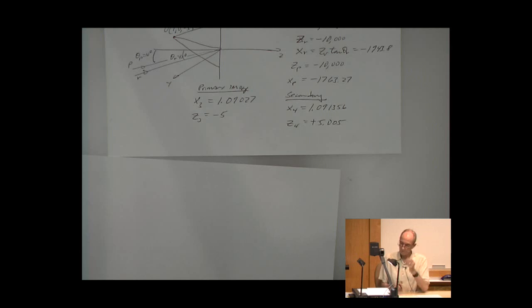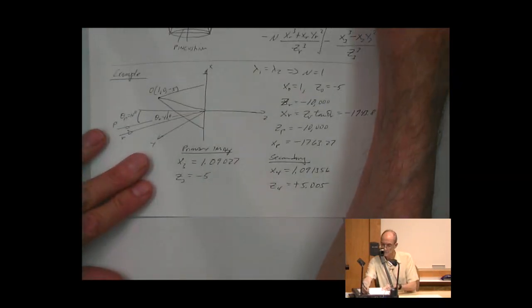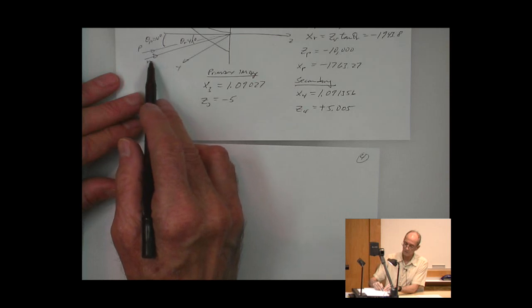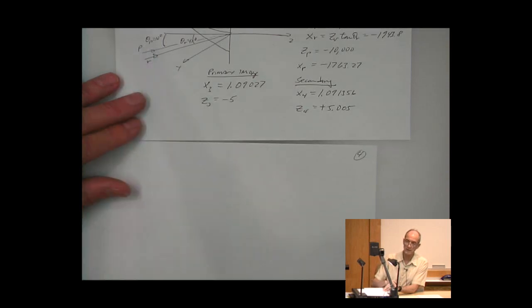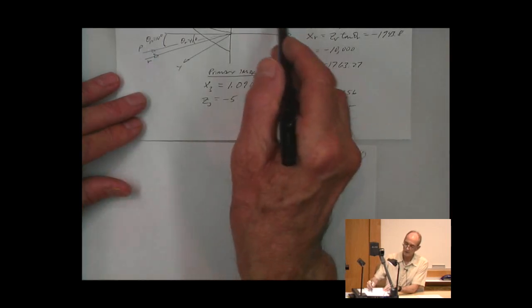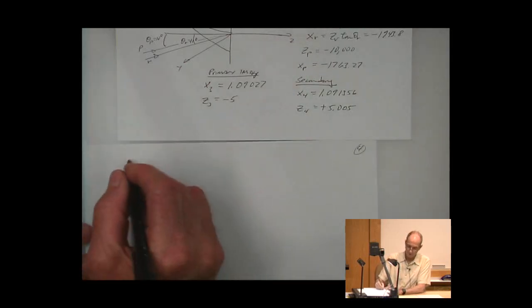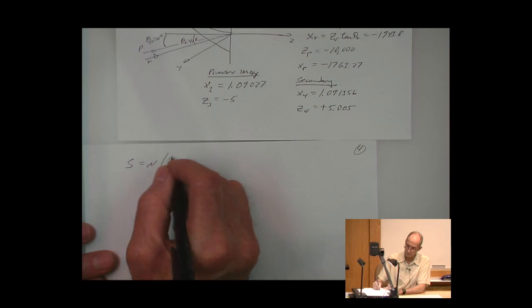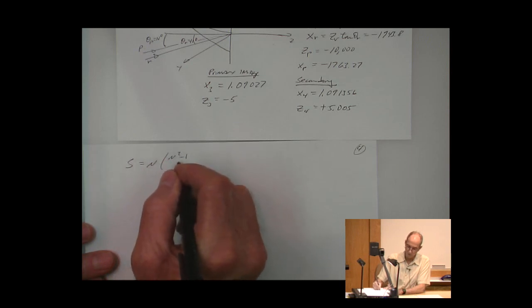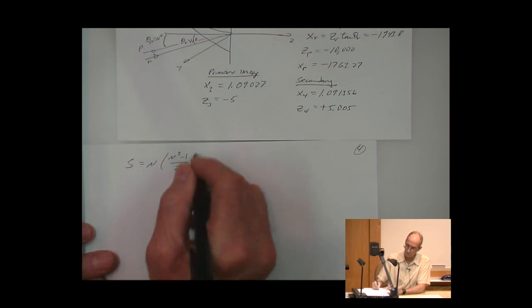One thing to note here is that since we have two plane waves, the reference and reconstruction point at infinity, and we have the same wavelengths, we know that our spherical aberration is 0, right? Because that's mu squared minus 1 over z0 cubed, all right?